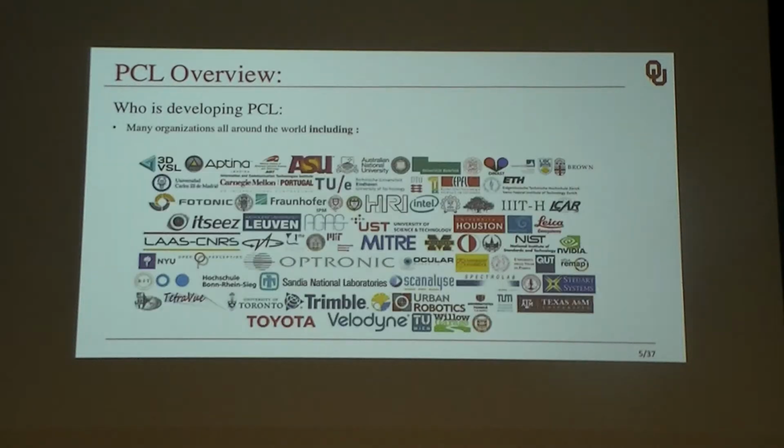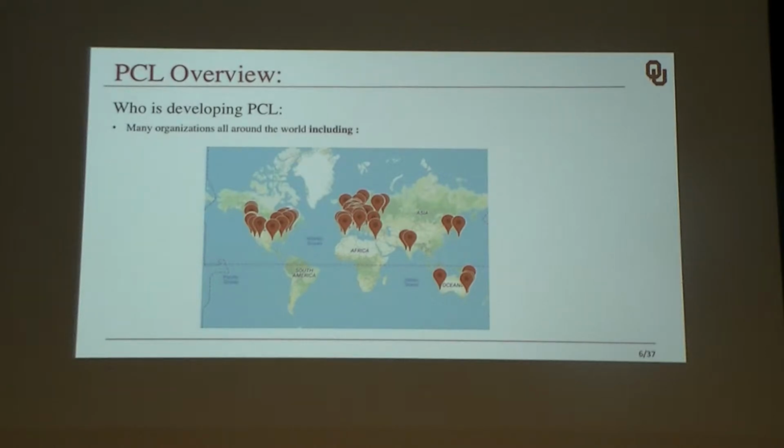So who is developing PCL? You know that when you want to use some tool, you have to know the support, who is developing it. So it's an important issue. Many organizations all around the world, including, as you notice, NVIDIA, Intel, Google, so it's really famous and many developers all around the world are developing this library.